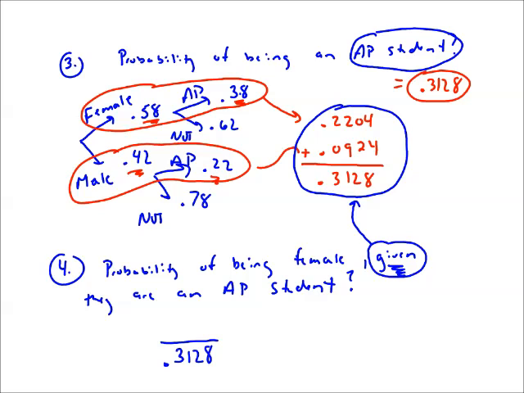Out of that condition up there, how many are female? Because that's what we're looking for. Okay, not the 58%, that's out of everything, but only out of the condition of AP students. So that's 0.2204. So you divide those, 0.2204 divided by 0.3128, and we get 0.705.